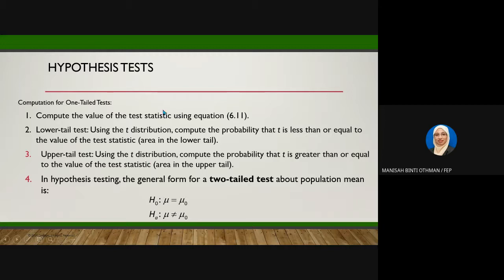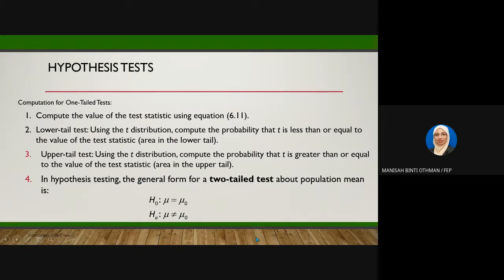Using the test statistic, identify whether it is lower tail, upper tail or two tail, and then identify the area. Based on that value, we identify the rejection and non-rejection regions.